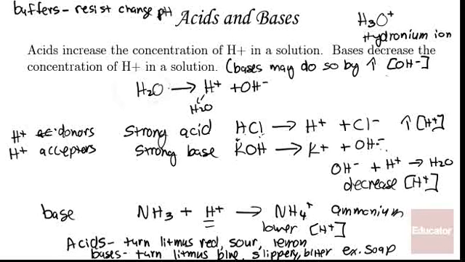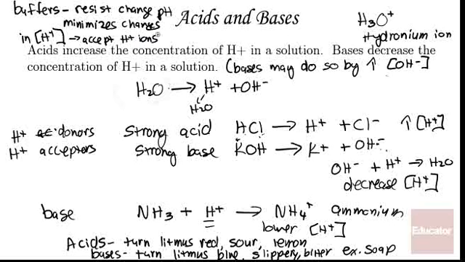So what these do is they minimize changes in the concentration of hydrogen ions. And they do this by accepting hydrogen ions when an acid is added, and they donate hydrogen ions when a base is added. So they resist change.